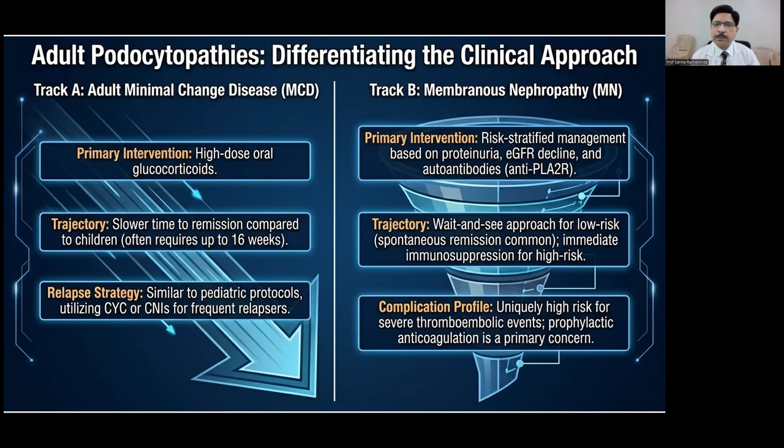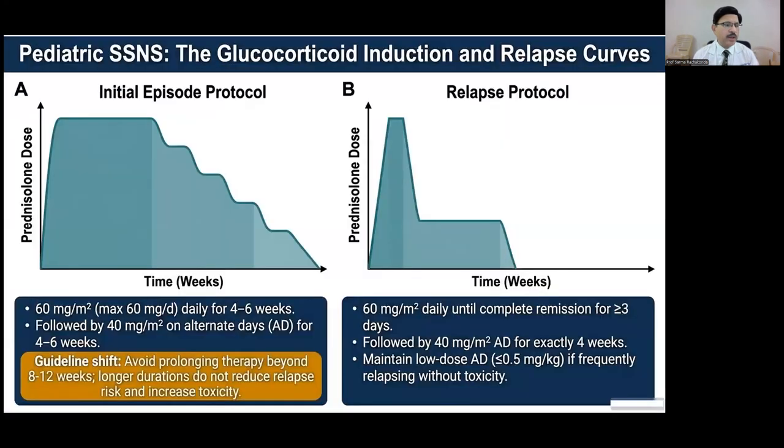The complication profile, high risk for severe thromboembolic events. Prophylactic anticoagulation is a primary concern. So you may have to think of primary anticoagulation. Now, initial episode protocol, relapse protocol.